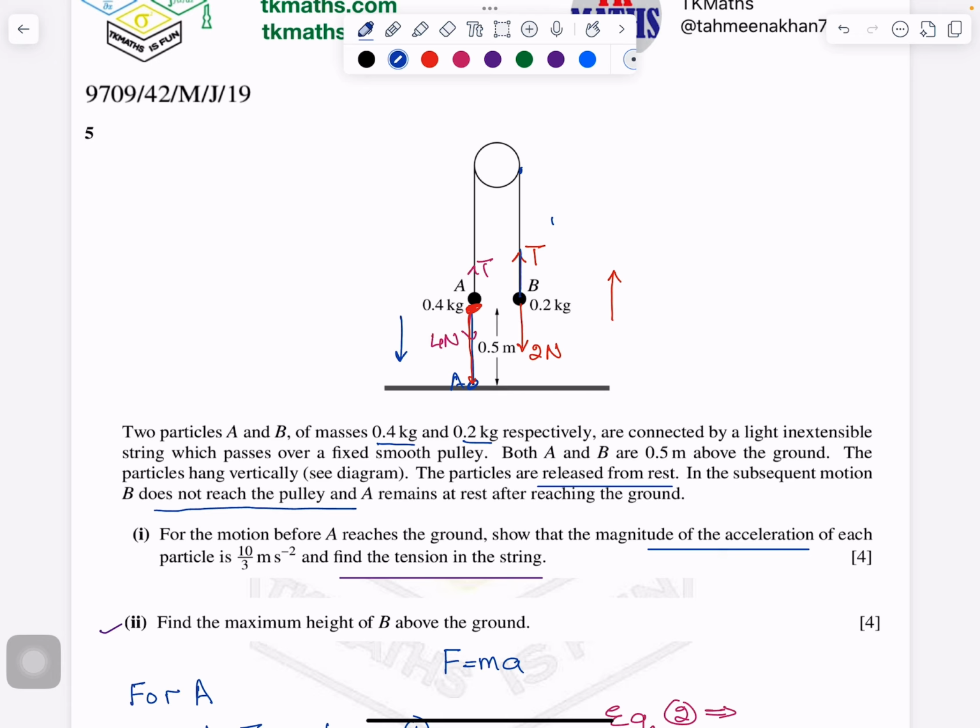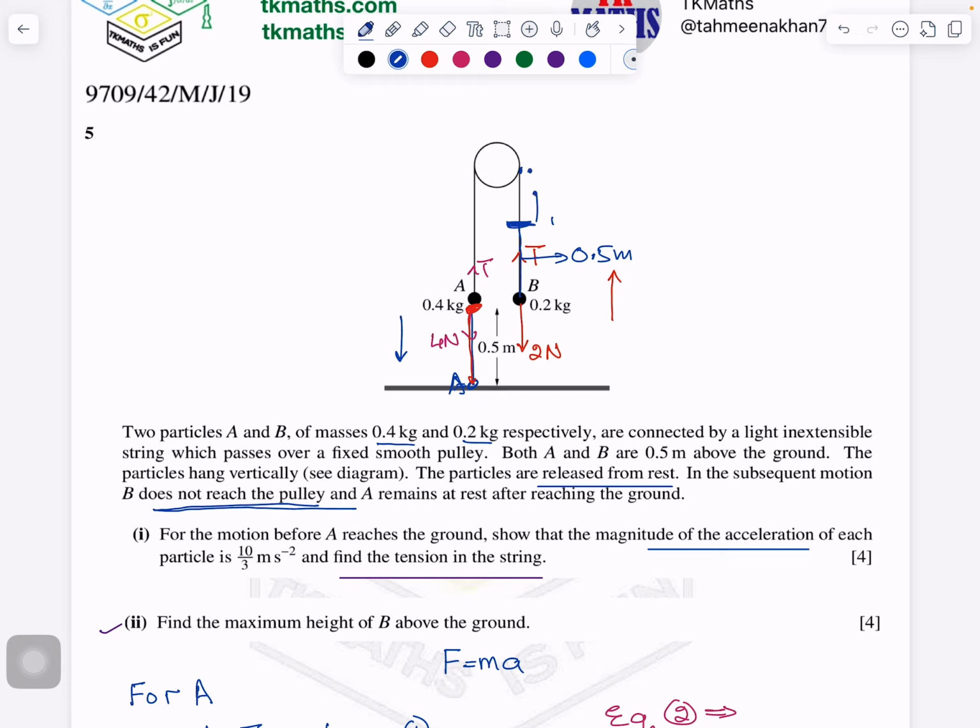So when B goes up, for example, B reaches here and this distance will be 0.5 meter. That is the time when A will hit the ground. Now the question is saying maximum height, because it is already given that B will not reach the pulley. It means after that when B starts moving up, it will stop somewhere before reaching the pulley.